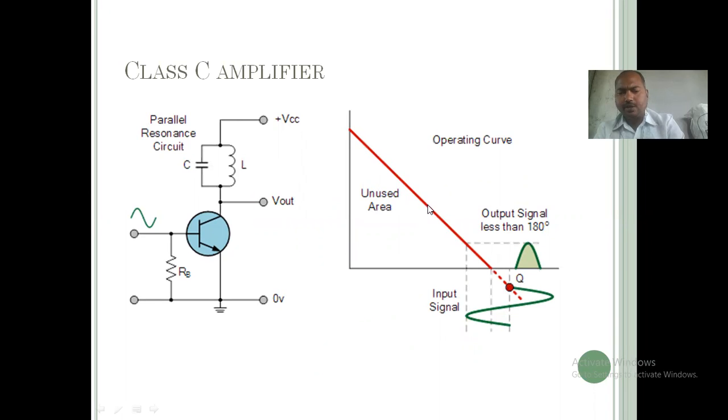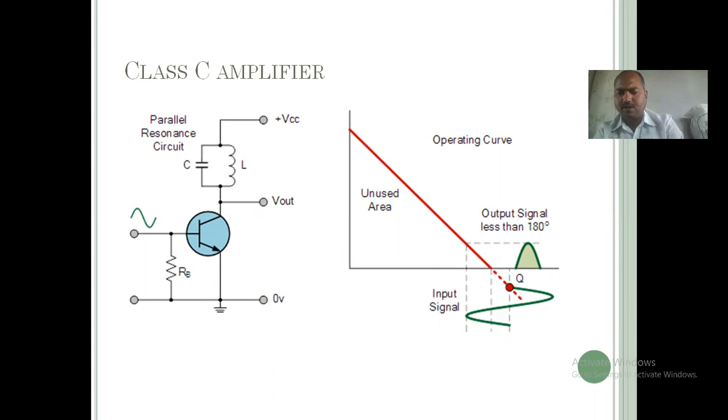In the case of a Class A amplifier, this is called the Q point. If the Q point is at the center of the load line, it means your transistor works for the full 360 degrees. So Class A is 360. Class B is below that. The position is upward and downward, meaning the working period of that particular transistor.